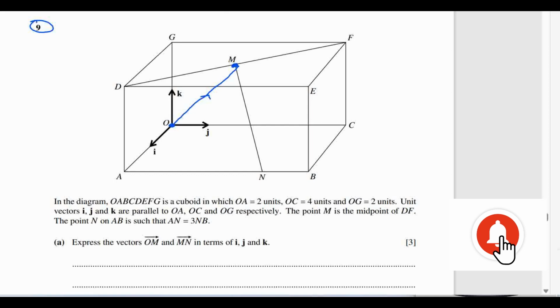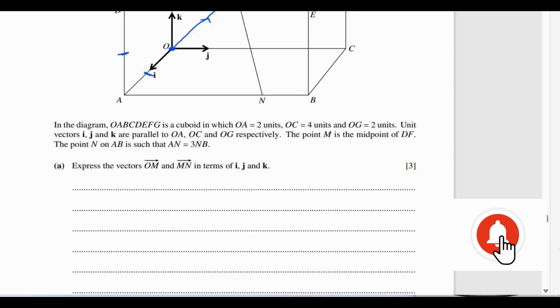The starting point is O and the end point is M. So first of all we can write vector OM is equal to OA plus AD plus DM. So this will be the vector.